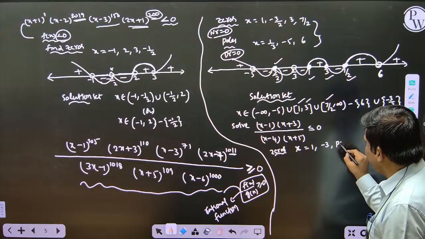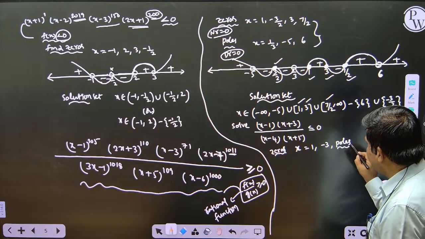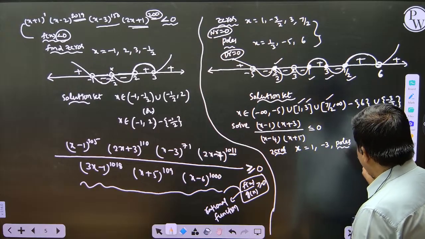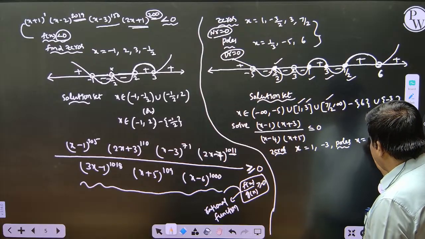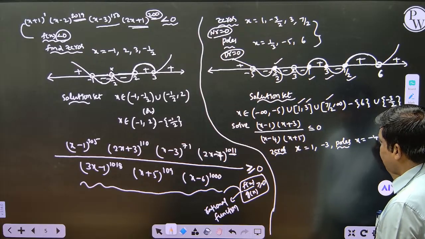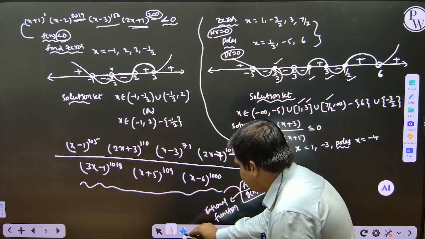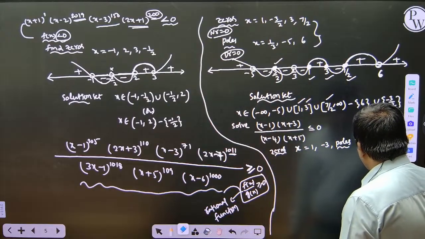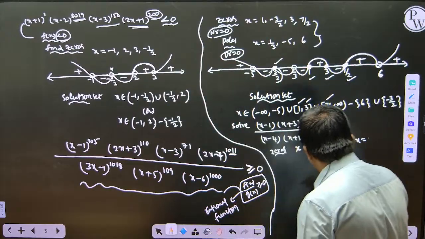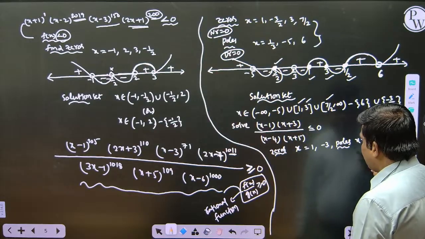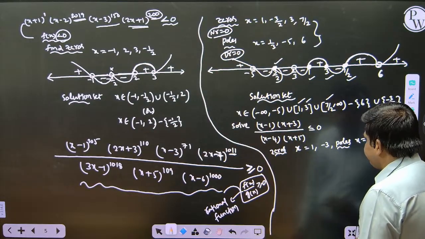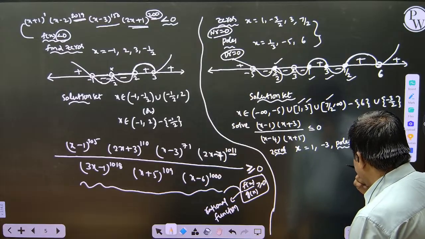Next you write down what? Poles. What are the poles here? x is equal to 4, comma, minus 5. Now next what we have to do here?